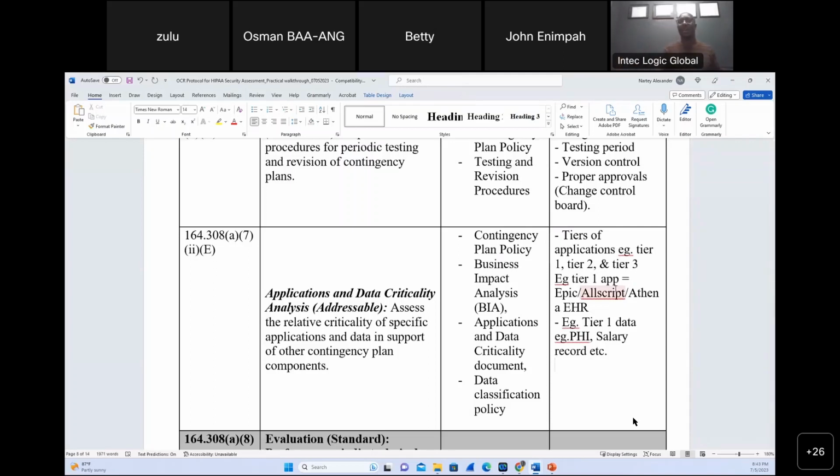Tier 1 is a critical application, tier 2 is the next critical, and tier 3 the least. If something happened to the organization and we want to rescue the data, or rescue the application so that we continue to provide service to the organization, we go for tier 1 first. That is all that it says. So it's very, very important.